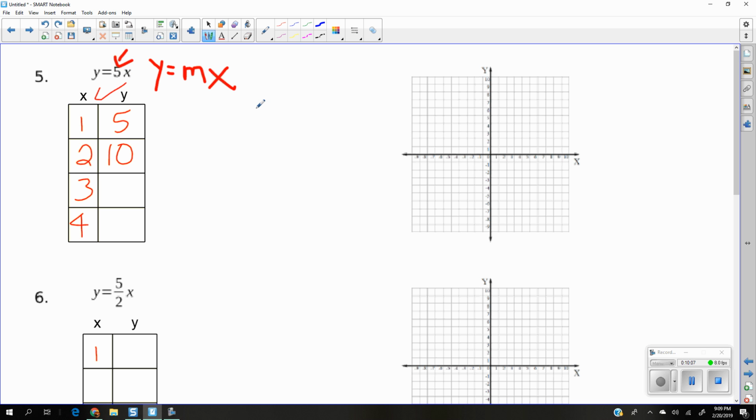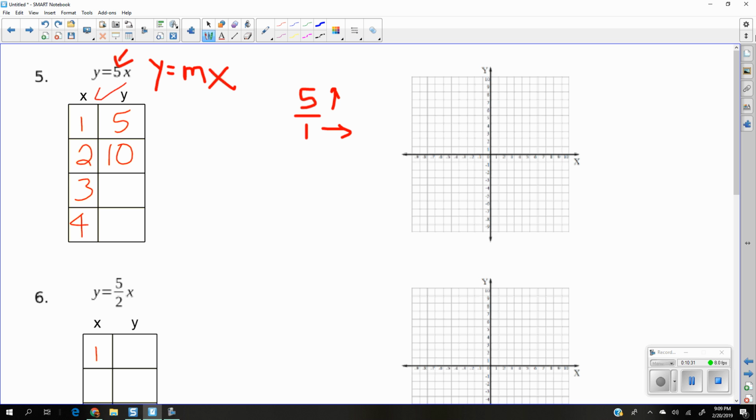So 5 is our slope, which is 5 over 1. And that's our slope. So we would go up 5 and across 1. So here, we're going to go up 5 and across.